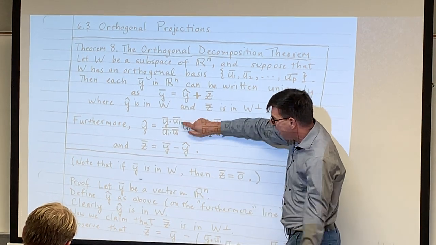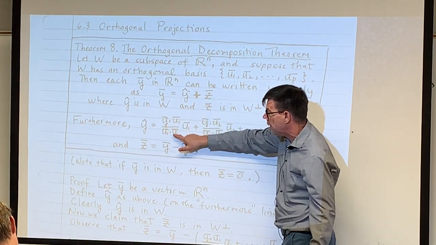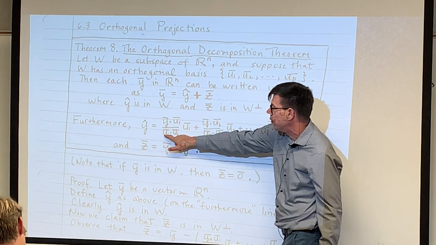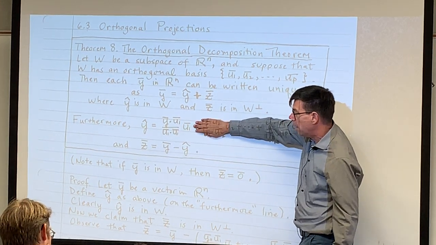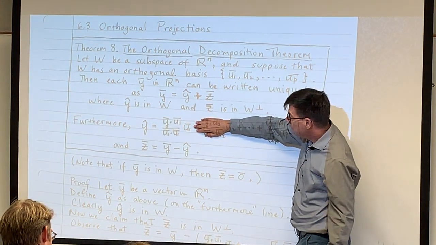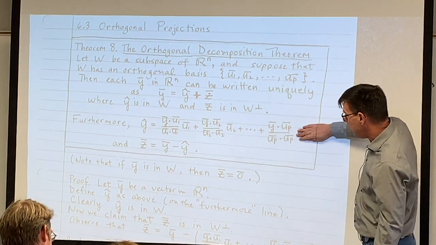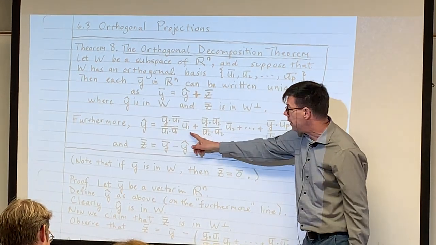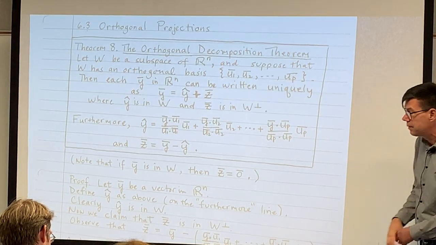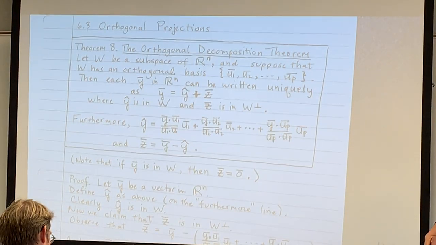So if you can handle that coefficient, y dot u1 over u1 dot u1, basically we're just doing the same thing for each one of the orthogonal basis vectors of the subspace, right?